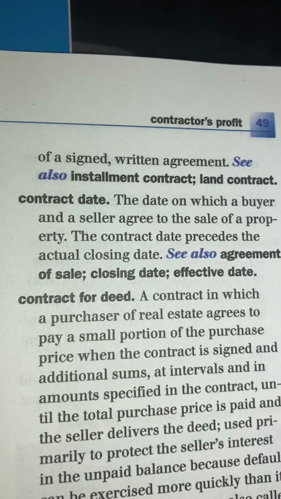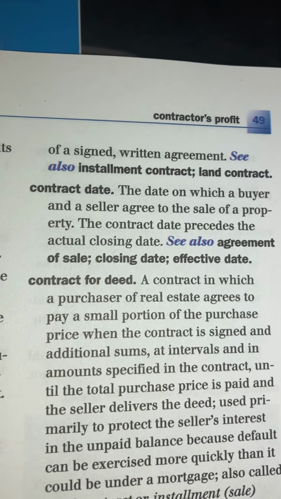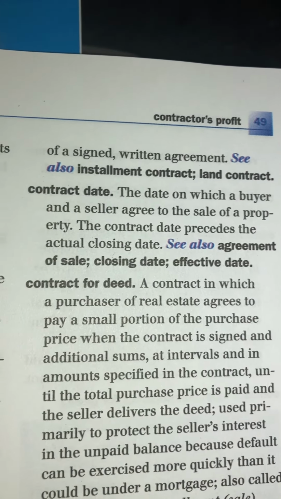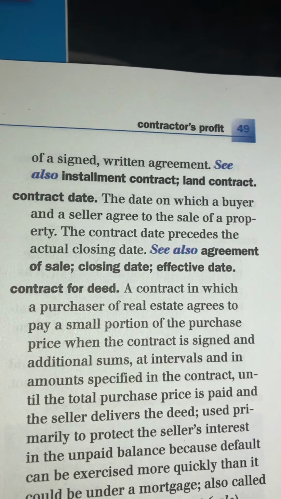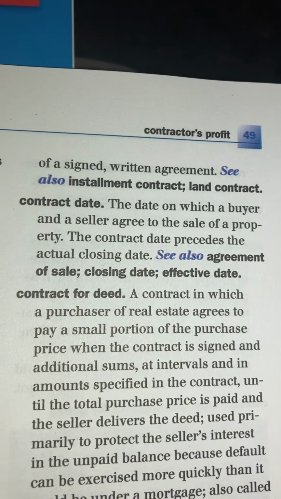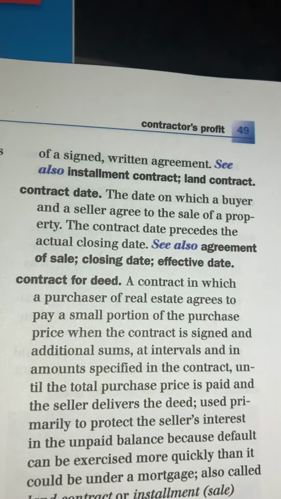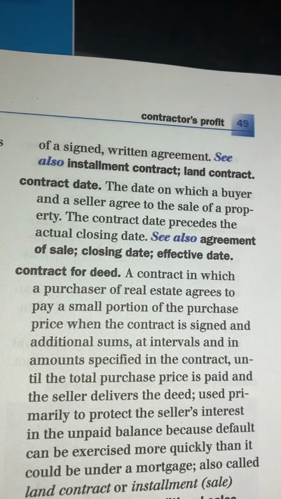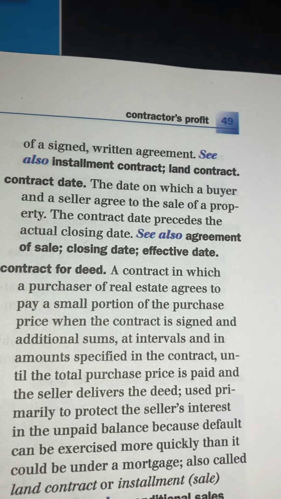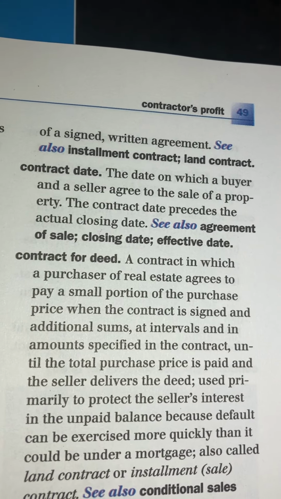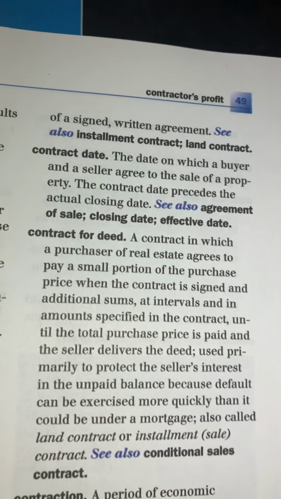See also installment contract, land contract. Contract date. The date on which a buyer and a seller agree to the sale of a property. The contract date precedes the actual closing date. See also agreement of sale, closing date, effective date.